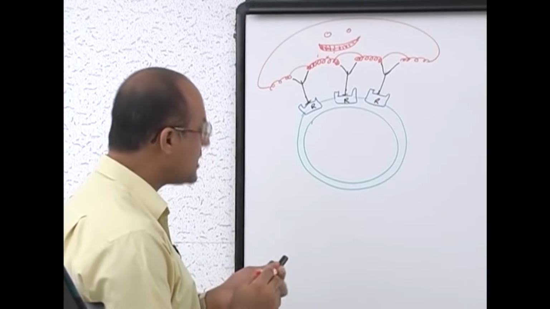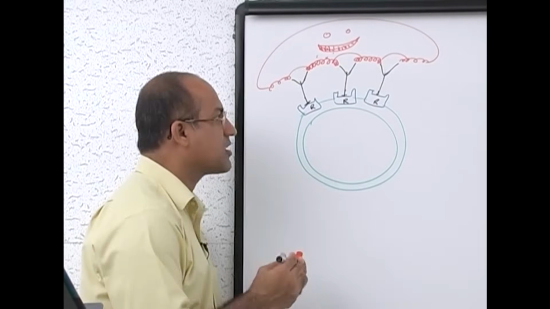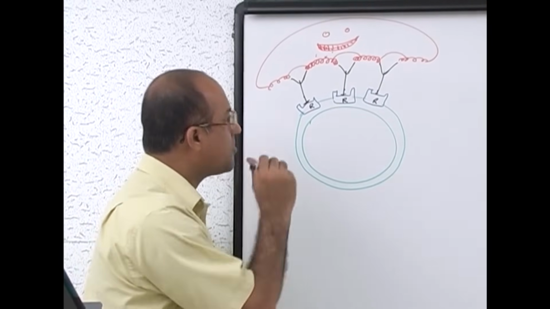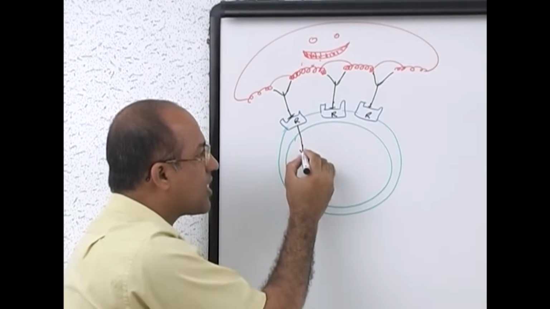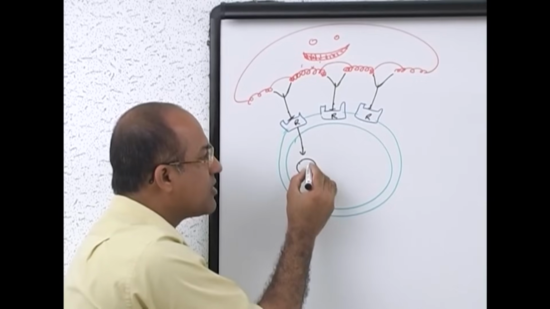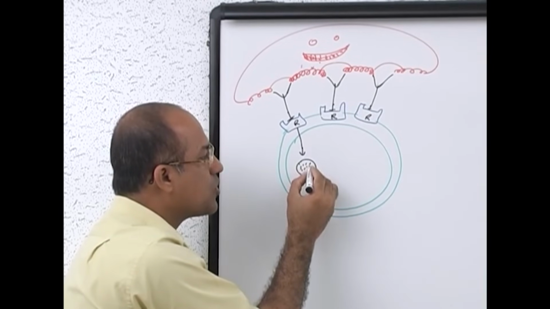As soon as IgE is cross-linked, multiple reactions will occur. Number one, intracellular, intracytoplasmic signals will come, and within the cells there are granules.